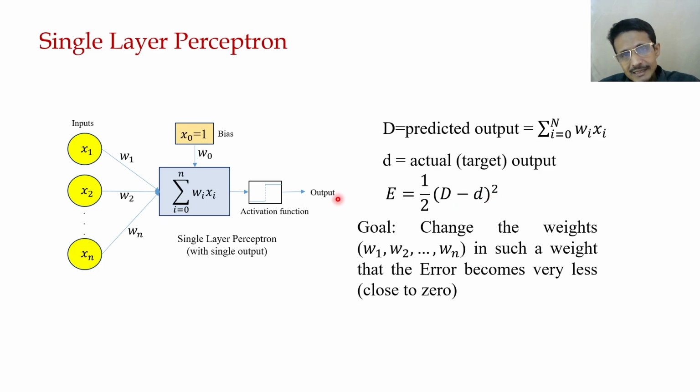Given these inputs, we have to find such weight parameters W1 to Wn that whatever we predict is very close to the actual output, so the error becomes very small, close to 0. That is the basic agenda of training this single layer perceptron. The question is how, which we are going to discuss in the next few slides.